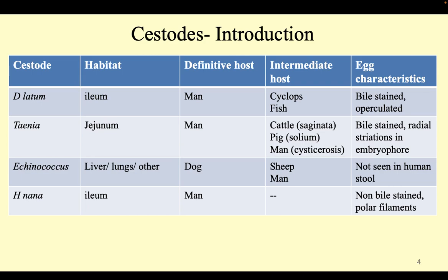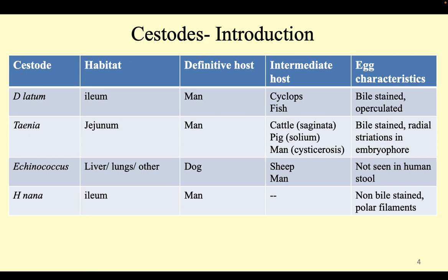Definitive host, as we have already discussed, is man in case of all the parasitic infections of medical importance except Echinococcus and Taenia, not exactly Taenia, cysticercosis. When we discuss cysticercosis, it is an infection which occurs in humans after ingestion of eggs of Taenia solium.